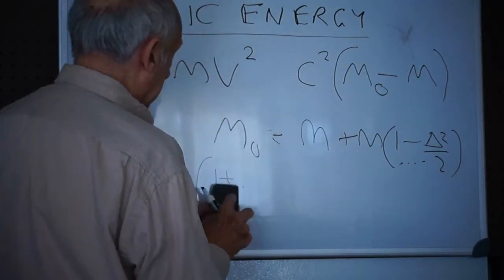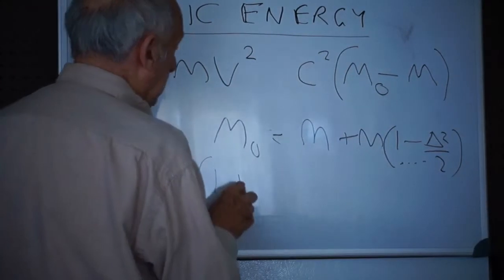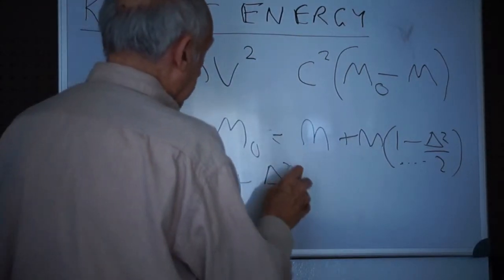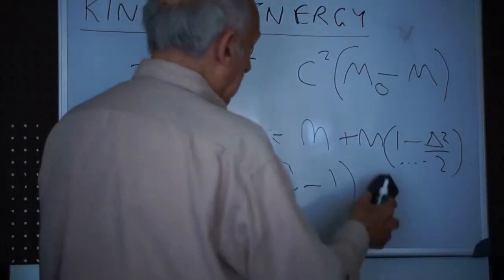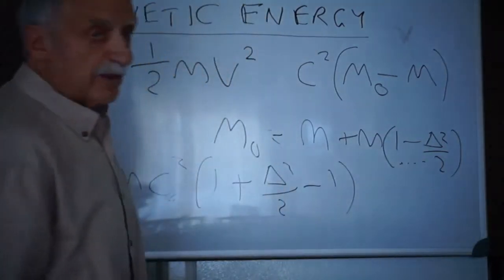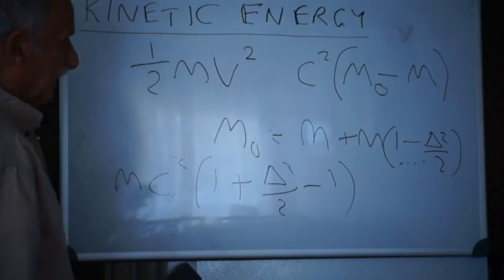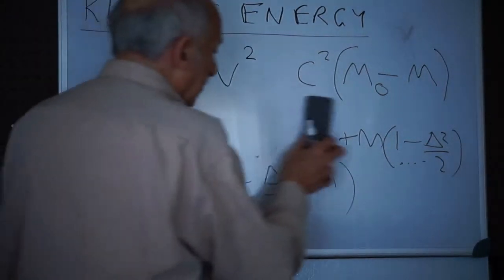It comes out to 1 plus delta squared over 2 minus 1. I've got that wrong way around somehow. I forget how I did that. You'll have to go back and do it for me. I'm not going to do it again. But I can assure you it's correct.